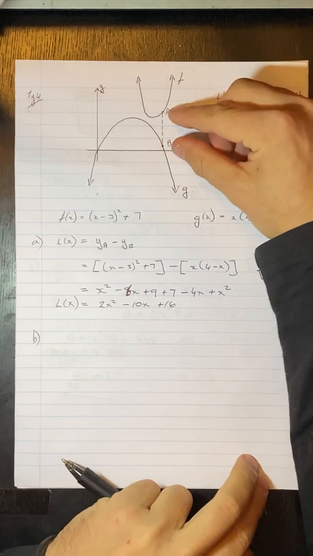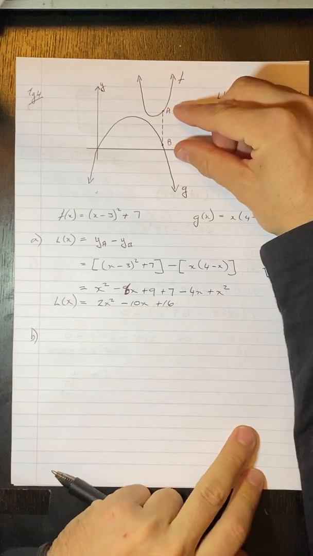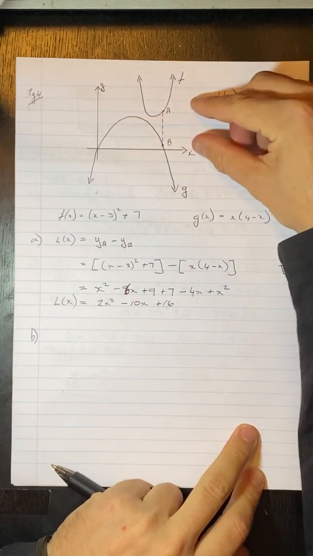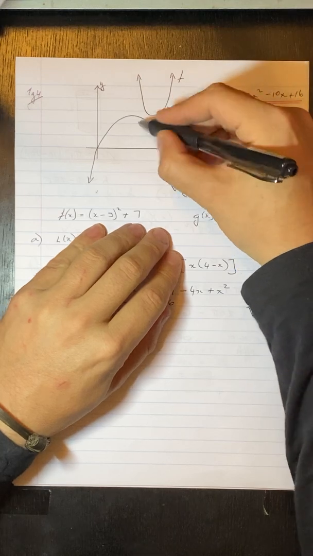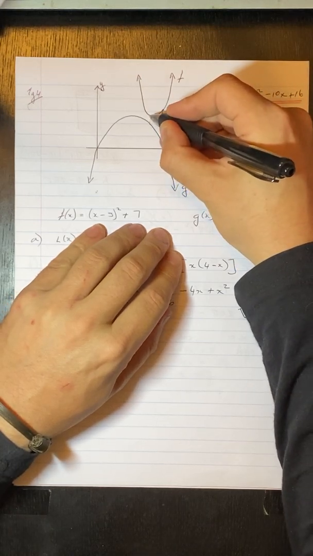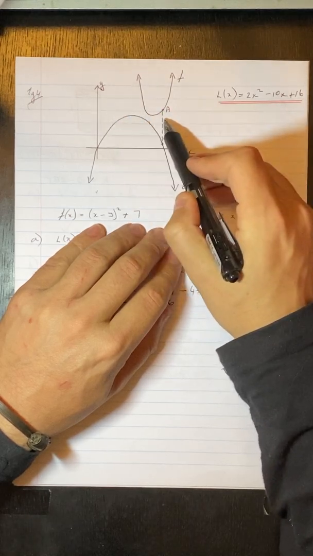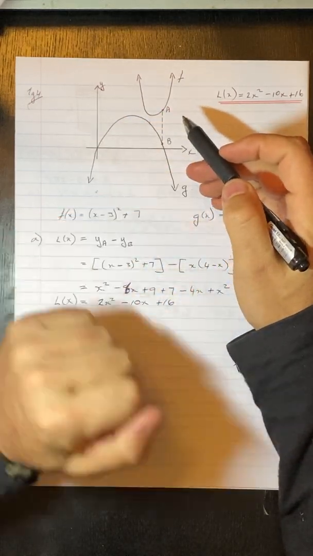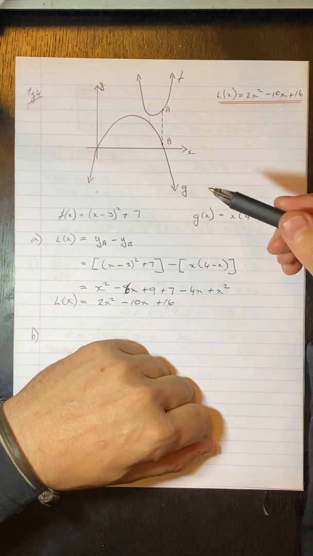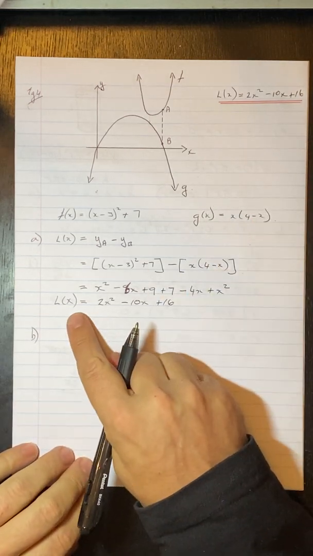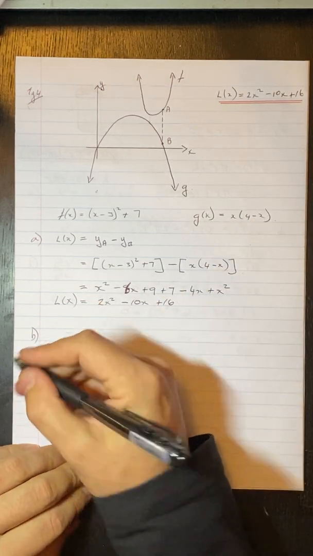So what's happening here is that this AB line can move, okay? And somewhere along here, it'll be the shortest distance between the two graphs. No other length along here will be shorter than that. And that is what we want to find, okay? So you remember to find maxes and mins, we differentiate.